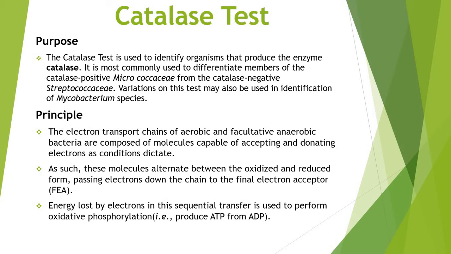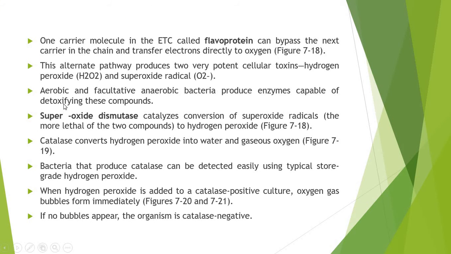Energy lost by electrons in this sequential transfer is used to perform oxidative phosphorylation, meaning the production of ATP from ADP. One carrier molecule in the electron transport chain, called flavoprotein, can bypass the next carrier in the chain and transfer the electron directly to oxygen.